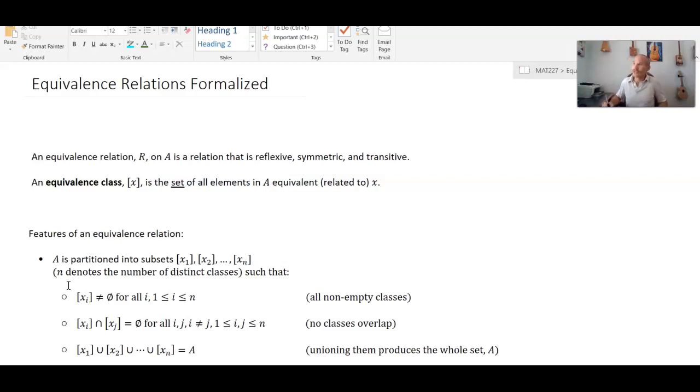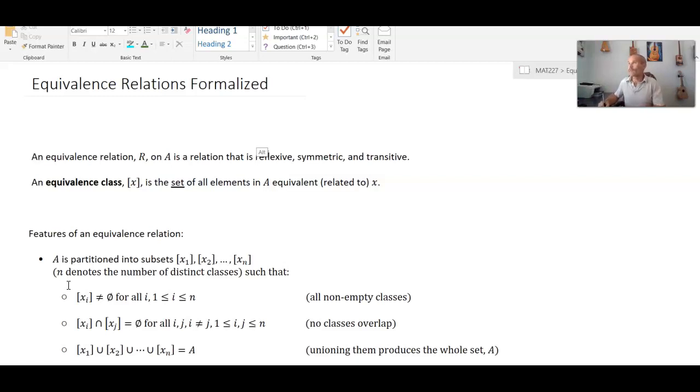So an equivalence relation R on A, so we're imposing a relation on a set A, and if it has the reflexive, symmetric, and transitive properties, then it's called an equivalence relation. If it is an equivalence relation, we have these things called equivalence classes. And we denote that with the square brackets, [x], and that's the set of all elements in A equivalent to or related to x.